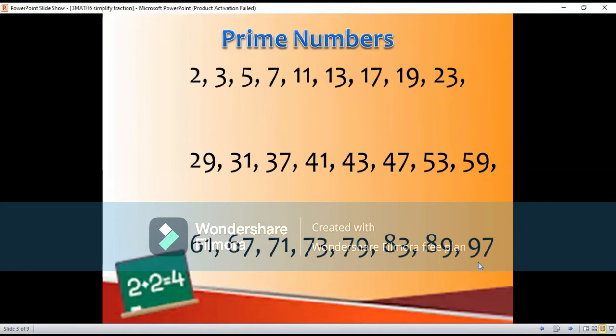Again, these prime numbers can only be divided by 1 and itself.